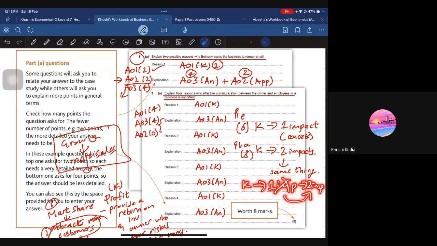And you know what the examiner says? Sometimes, let's suppose you are in school and you have done a question and the instructor is checking it in front of you, and says, okay Khushi, I didn't get what you mean here, right?